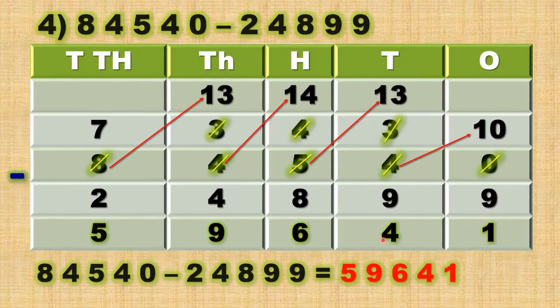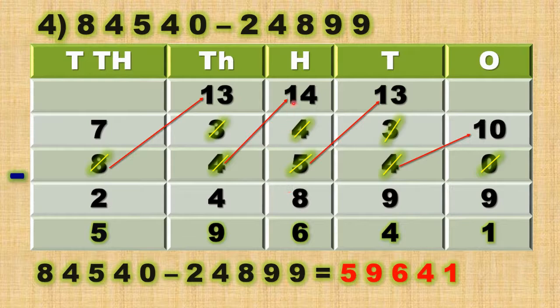Now in hundreds place, we cannot subtract 8 from 4. So we will borrow 1000 from 4000s. 4 will become 3 in thousands place and in hundreds place 4 will become 14. Now we have to subtract 8 from 14.